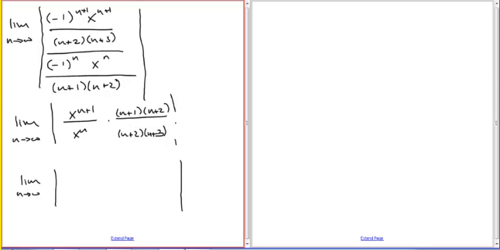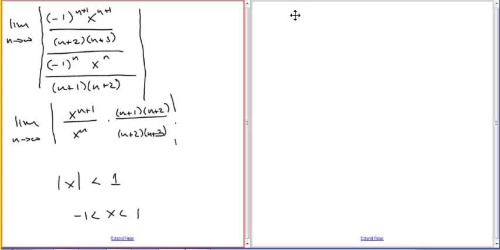So ultimately we end up with the value of x instead of 1 over x. It has to be less than 1. And the limit as n goes to infinity, this became 1. So the interval of convergence is from -1 to +1. Now the question is, we have to look at the endpoints.